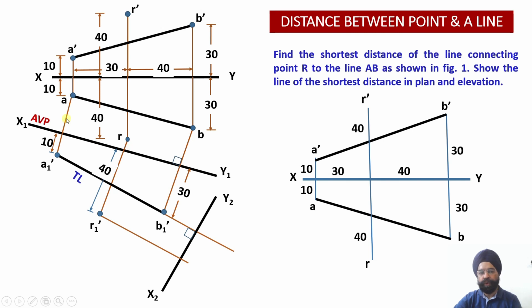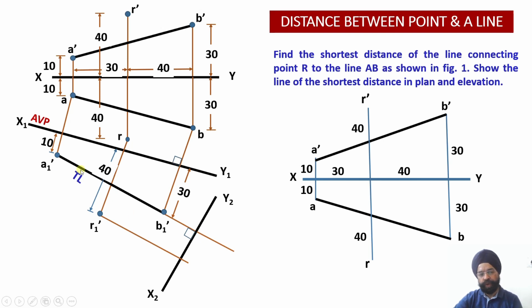We need to measure the distance of point A from x1 y1 and the distance of point B from x1 y1. They are equal, since the AB projection line was parallel to the AVP x1 y1, which was drawn parallel to the plan projection line AB.